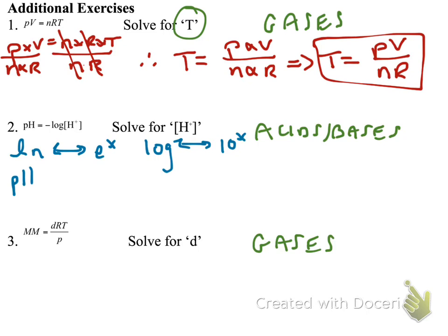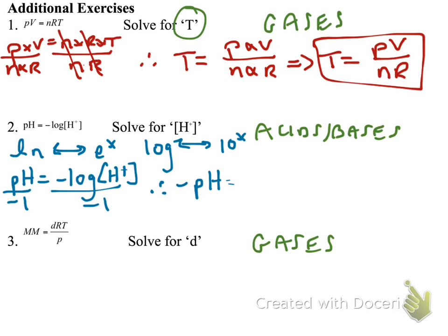So pH equals negative log H plus. And I'm going to divide by -1. And that just gives me negative pH equals the log of H plus. And in order to get rid of a log, we have to do the opposite, which is 10 raised.